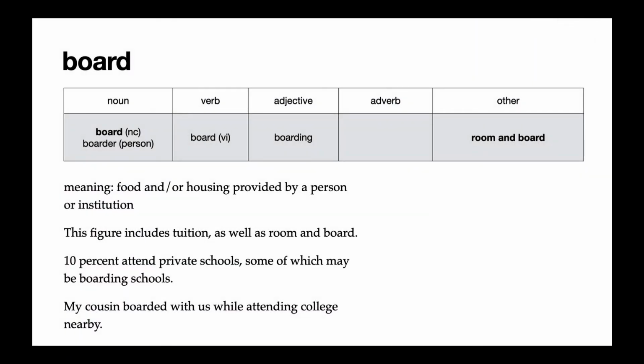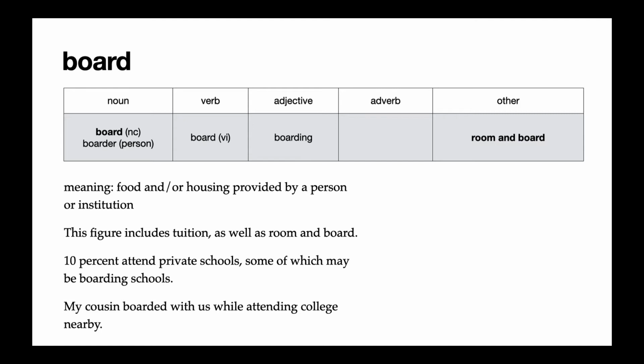Our next word is board, and board here is a non-count noun that means food and or housing provided by a person or institution. And usually when we talk about board, we're talking about students or renters of some kind. So in the reading, we talked about students who go to boarding school. And so boarding school is a school that you live at while you're going to school.